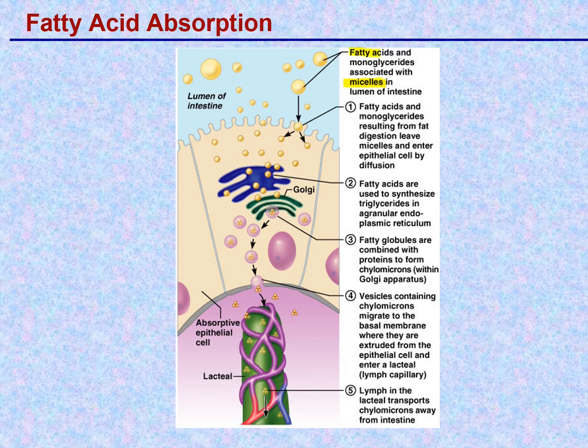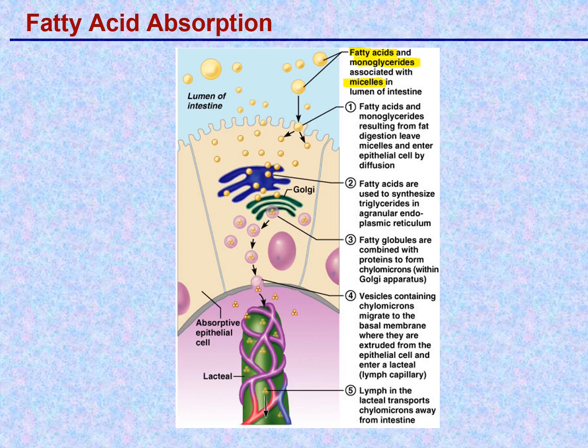So you have fatty acids and monoglycerides in the form of micelles, and the lipase acts on them. It has acted on these droplets to cleave off the fatty acids and monoglycerides from the triglyceride.